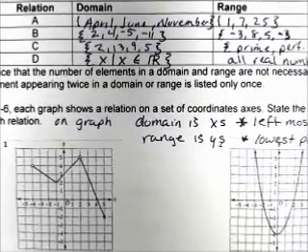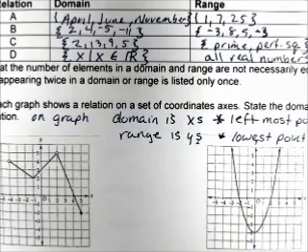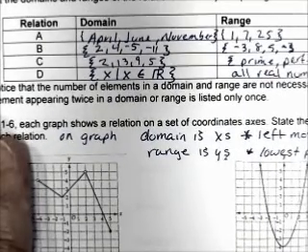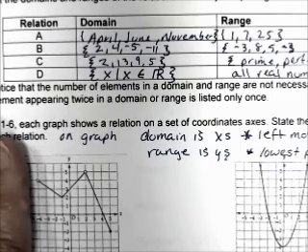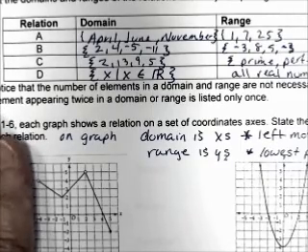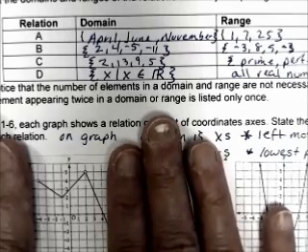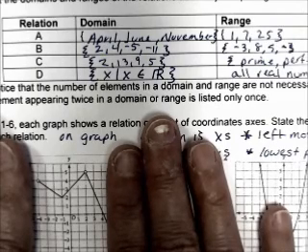All right, so for a domain, leftmost to rightmost. Here's my leftmost point, and please take your hand and place it at the leftmost point. And then take your other hand, place it on the rightmost point, all right? So this is my domain. What does our domain go from?